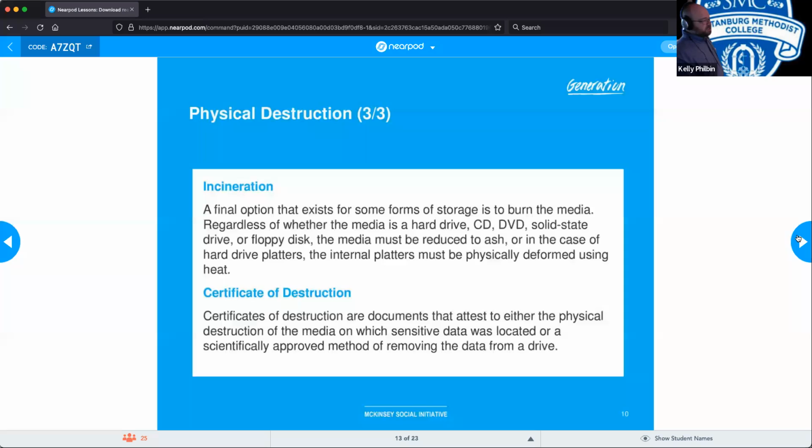Then finally, we will talk about certificates of destruction, which are documents that are given to you that attest to either the physical destruction of the media on which the sensitive data was located, or a scientifically approved method of removing the data from the drive.